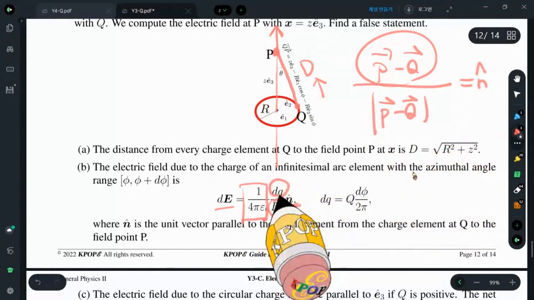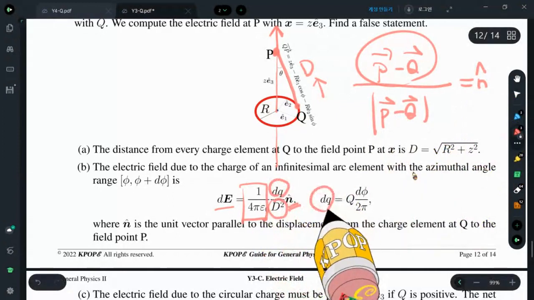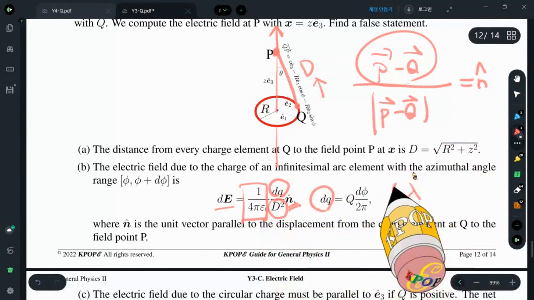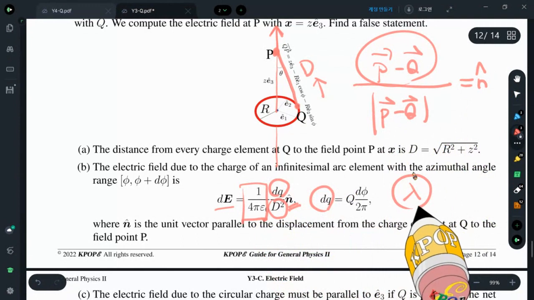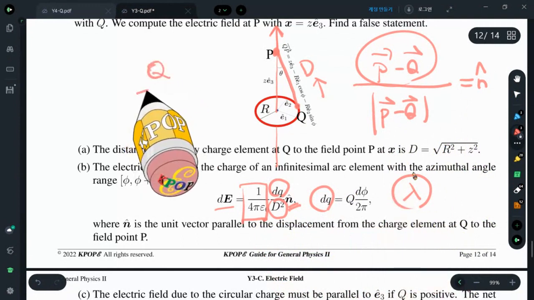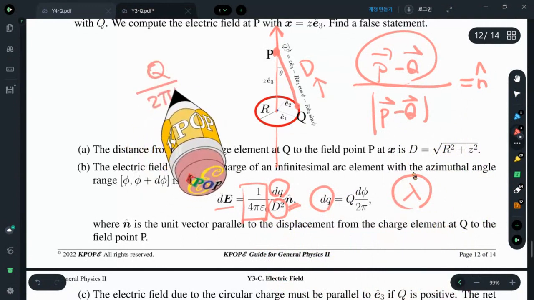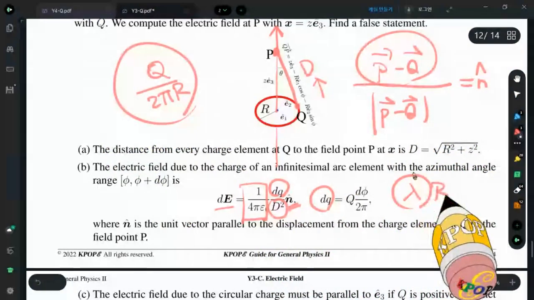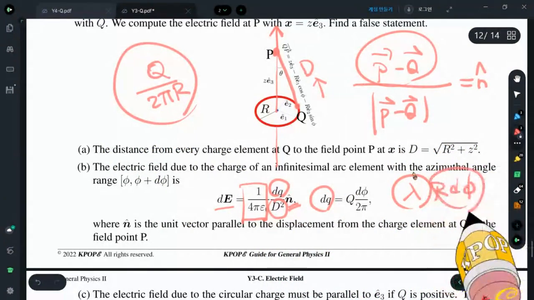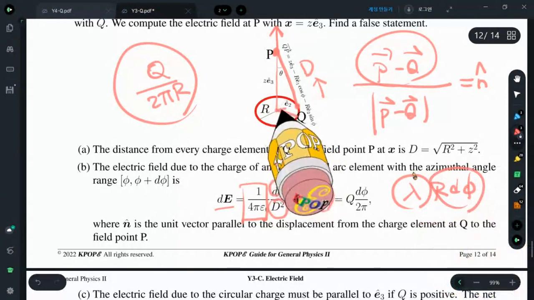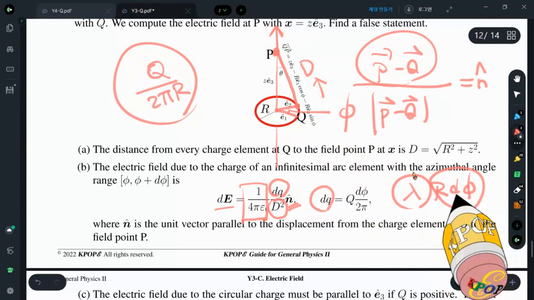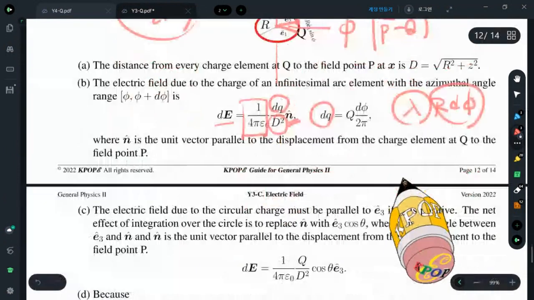And in here, dq must be obtained as lambda. Lambda is the charge density. Q is distributed over 2 pi r, an arc length. And phi is defined in here. So in this manner, we can compute the electric field.